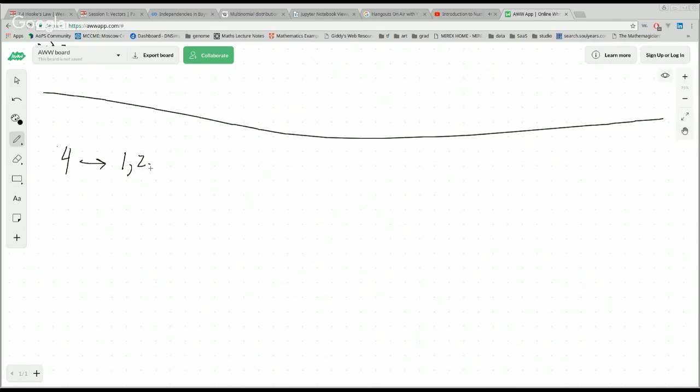Well, 1, 2, and 4 itself. What are the proper divisors? 1 and 2, right? So what can we say about these? These are divisors of 4, which means that 4 is divisible by them, which means that 4 is a multiple of them. Notice all these statements mean the same thing. They're just phrased in different ways, but they convey the same information.